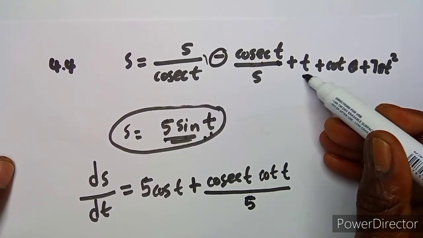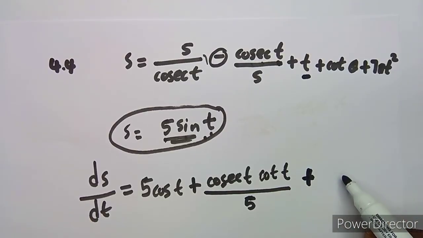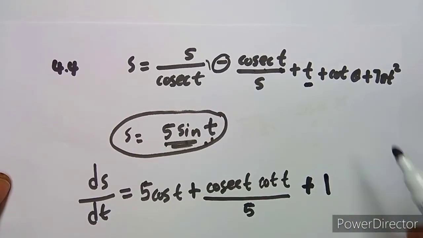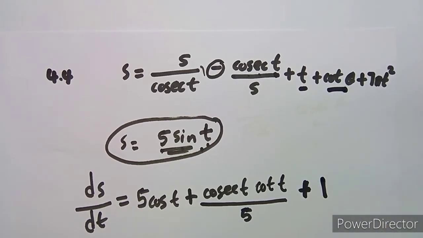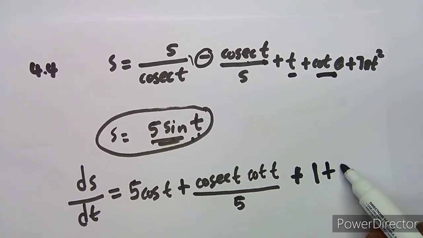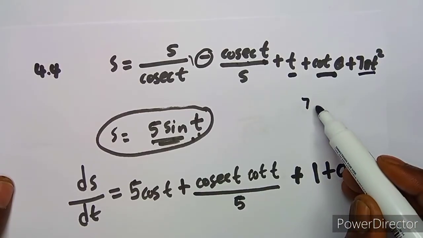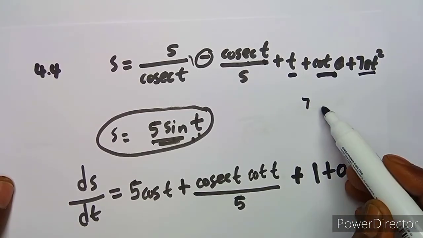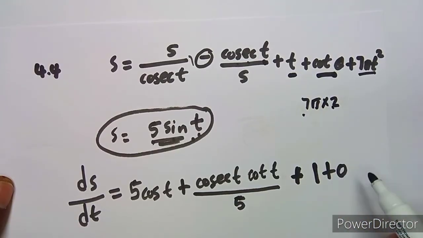Okay, plus t, the derivative of t, guys, this is a linear variable which is going to give us a 1. And this is cot theta, but this is with respect to t, and here we do not have t, so it's going to give us a 0 there. Okay, then we've got 7 pi t squared, which is, remember, you drop the exponent, so it's going to be 7 pi times 2, which is 14 pi.